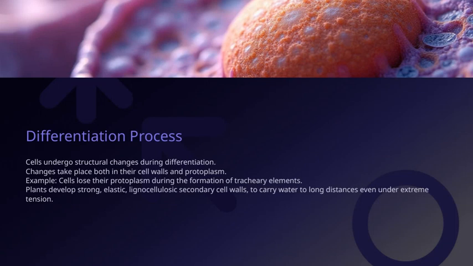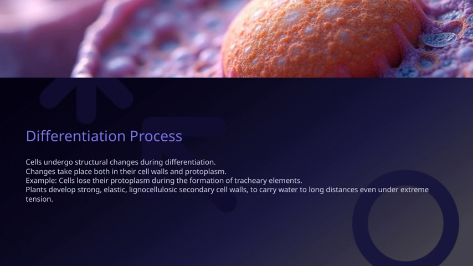Cells undergo significant structural changes during differentiation, and these changes happen both in their cell walls and their protoplasm. For example, when forming tracheary elements, cells actually lose their protoplasm, which is a key step in their development into specialized water-conducting cells. Plants, on the other hand, develop very strong and elastic secondary cell walls that are rich in lignocellulosic material.